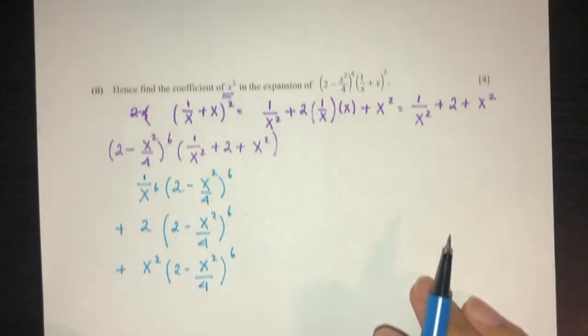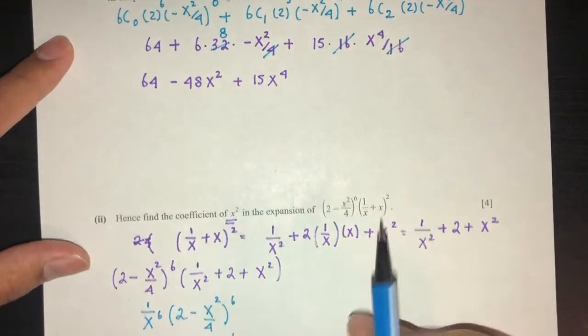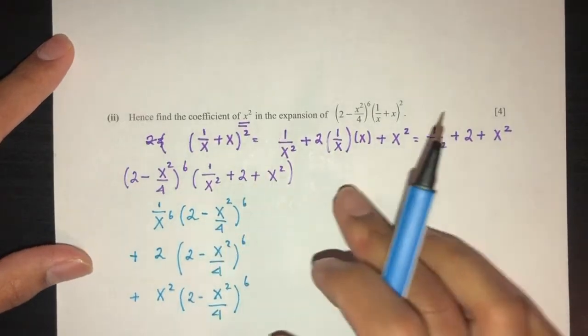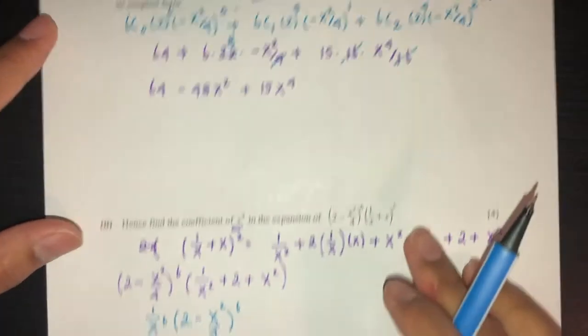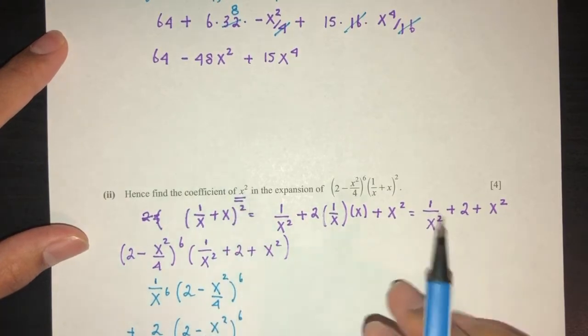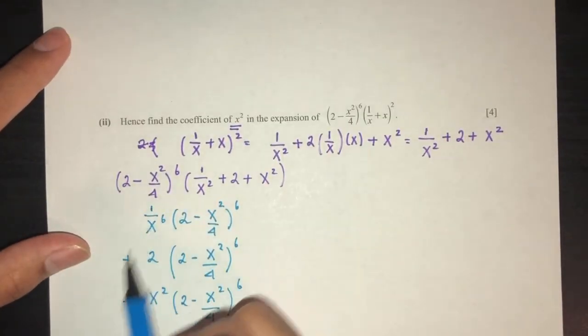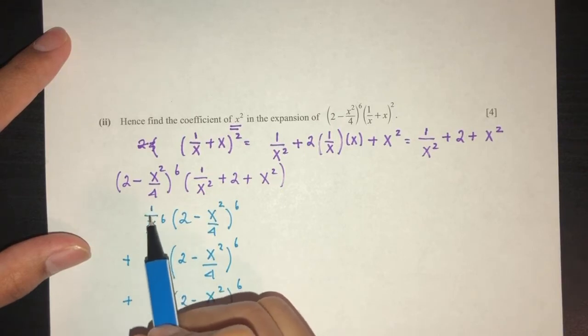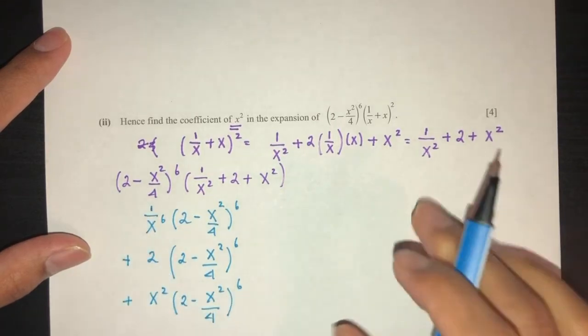Now next step is, as we have seen from part 1, the expansion of this is the same as this, so we only have to care about the term in x squared. So first is this one. By what can I multiply this to get a term in x squared?